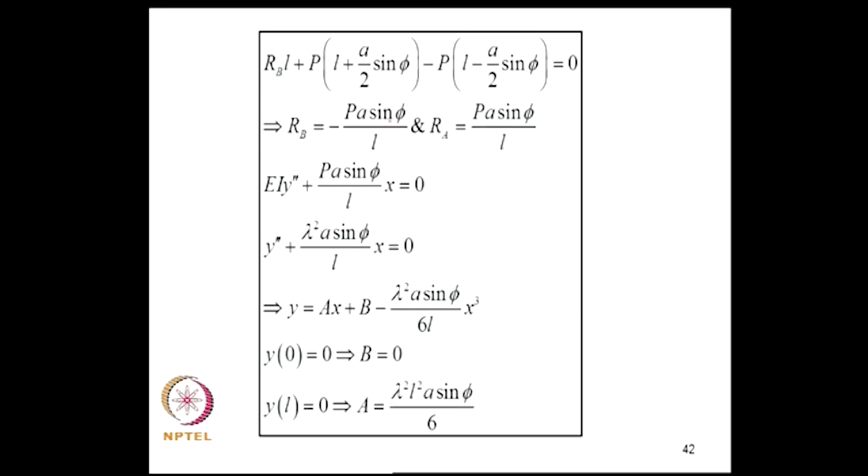These reactions are functions of the angle through which the disc has rotated, which is the angle through which the beam has rotated at the right support.